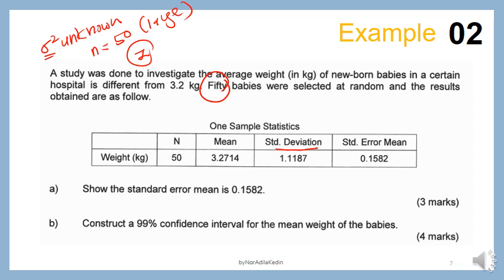So we look at question A, show that the standard error. What is standard error? Standard error is sigma over root n. We estimate sigma using S over root n, which in this case is 1.1187 divided by the square root of 50.